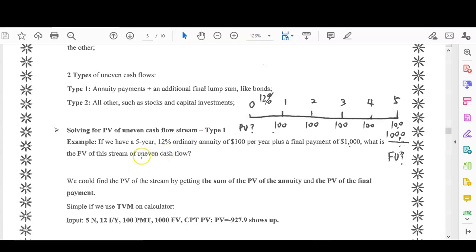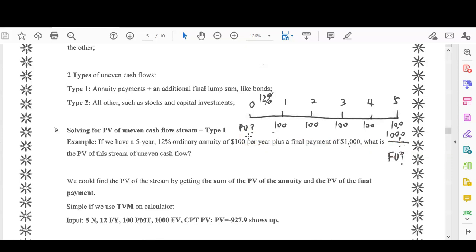For example, if we have a 5-year 12% ordinary annuity at 100 per year plus a final payment of 1,000, what is the present value of this uneven cash flow? We have an ordinary annuity here, 100s at the end of 5 years. We also have a final lump sum. We're looking for present value, so we can just calculate the present value of the annuity and the present value of this lump sum and add them up.